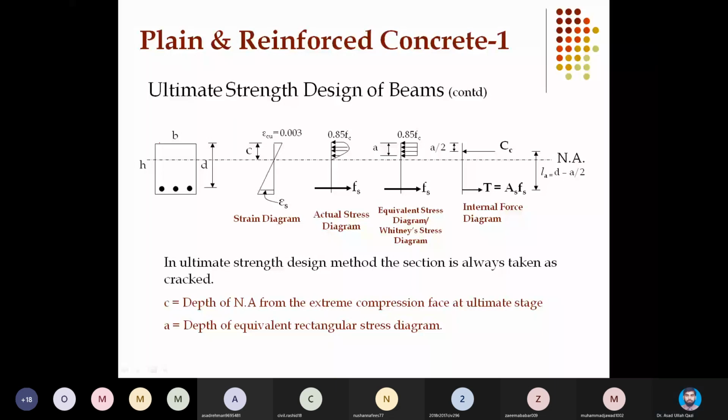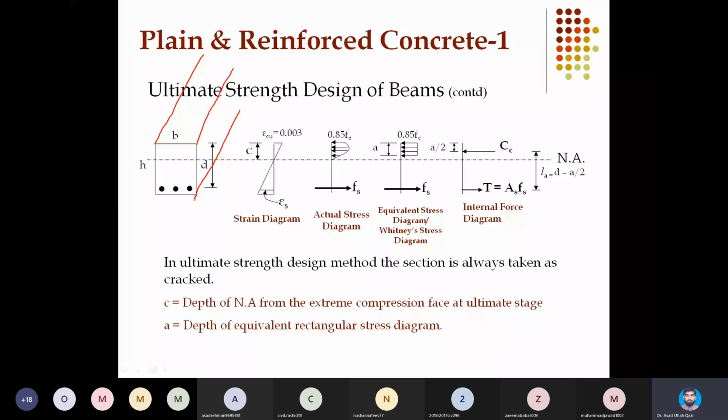Imagine that this is a beam of cross-sectional width B, total height H, and its reinforcement distance from the compression face, named as effective depth D, is also marked.